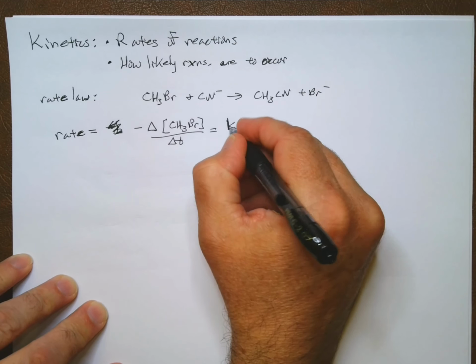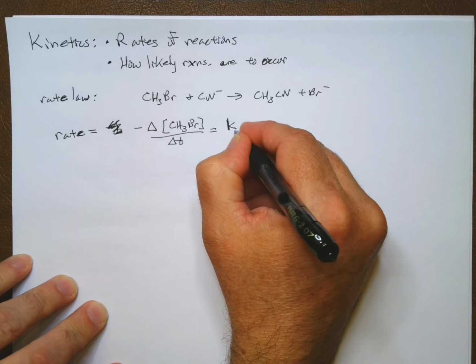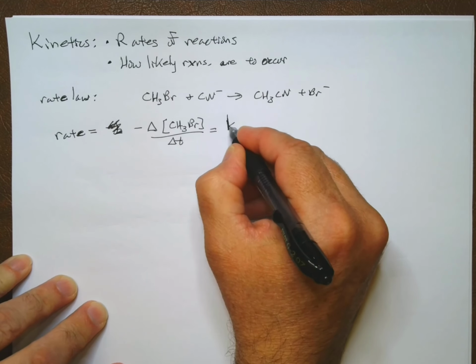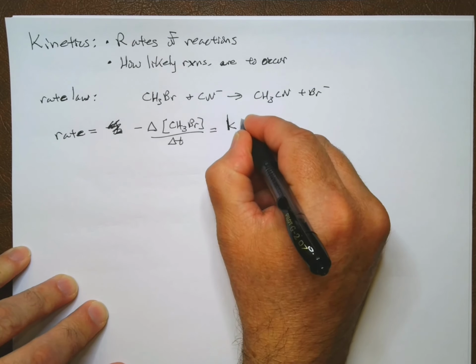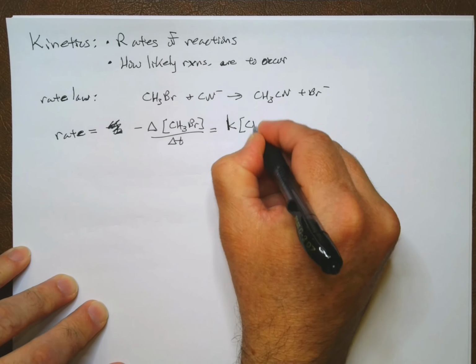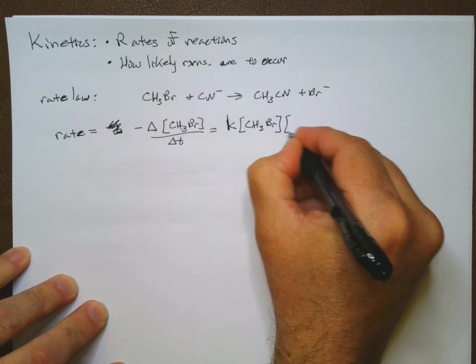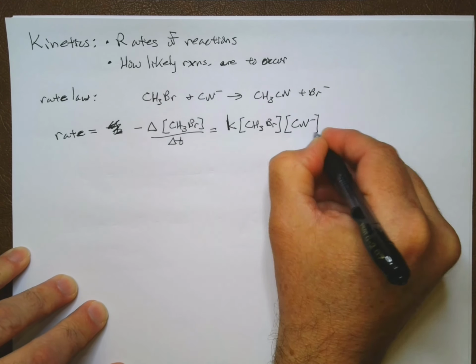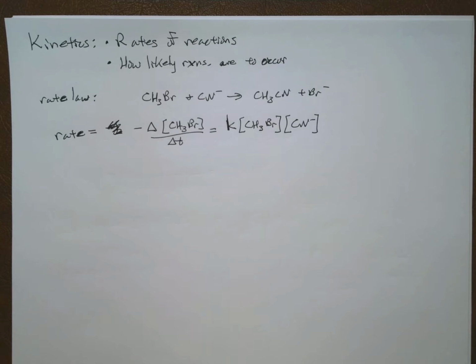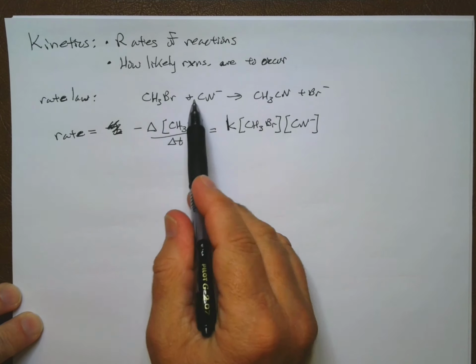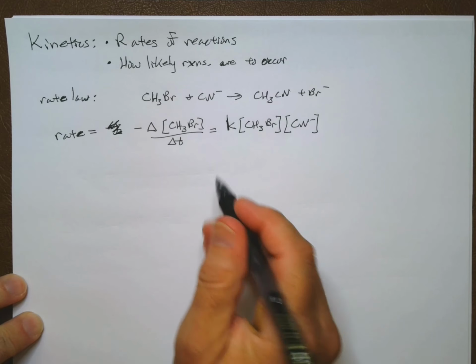And that's going to be equal to some rate constant. This is a lowercase k. Lowercase k times some combination of concentrations of the reactants.